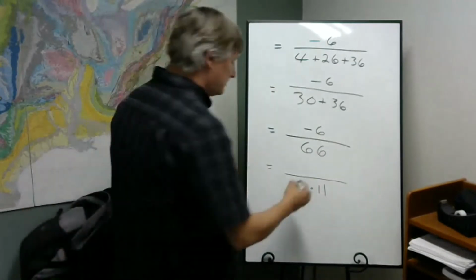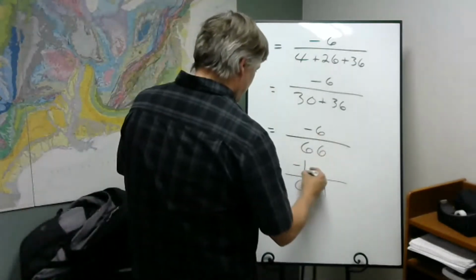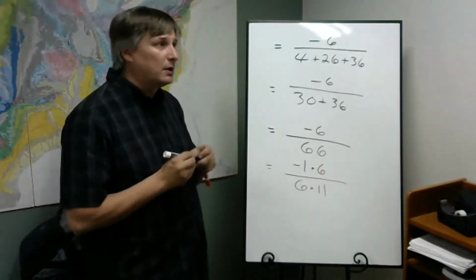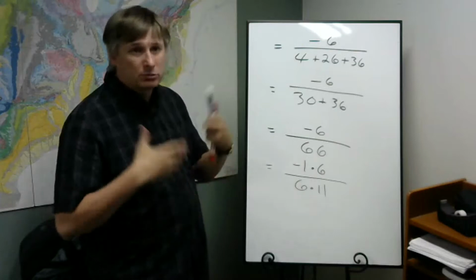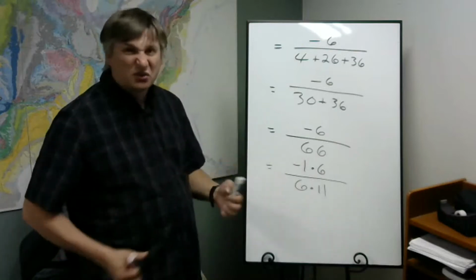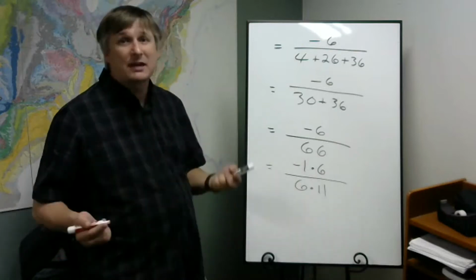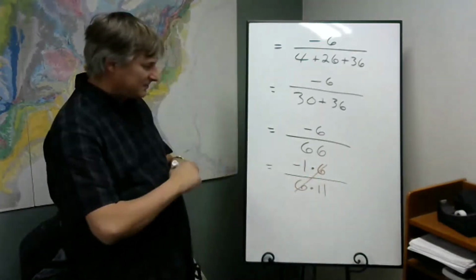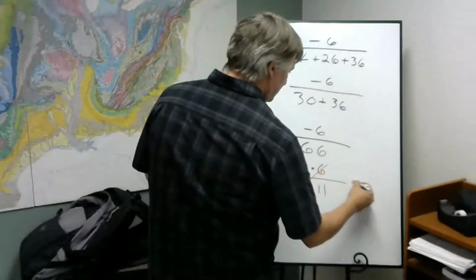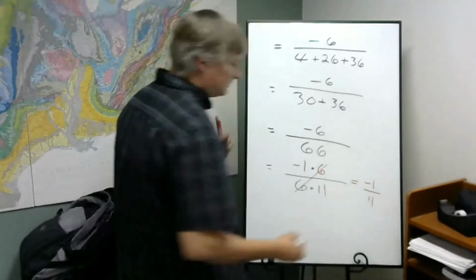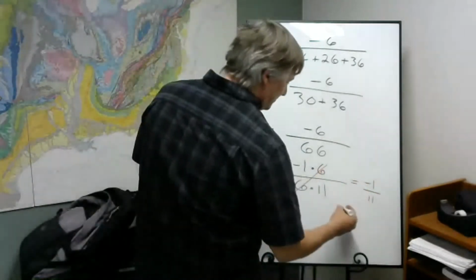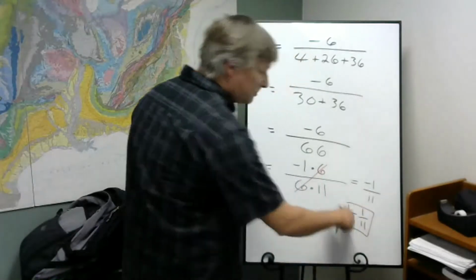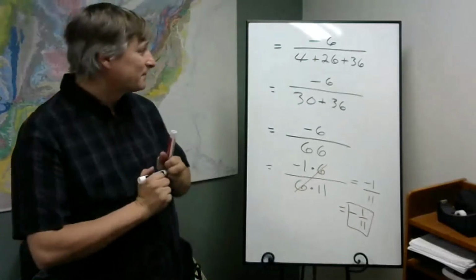Maybe we don't have to, because this could be negative 1 times 6. You don't always have to break things down into prime numbers or products of prime numbers, but that doesn't hurt. But in this case, we can see something canceling already. So the 6's will go away, and we'll get negative 1 over 11, or as we typically like to write it, negative 1/11. Again, we bring that minus sign out in front.